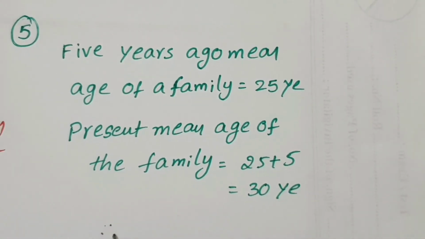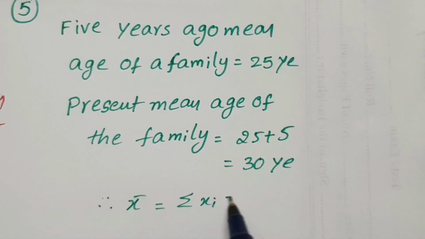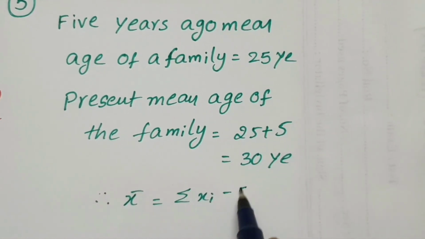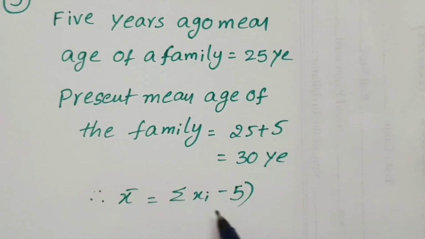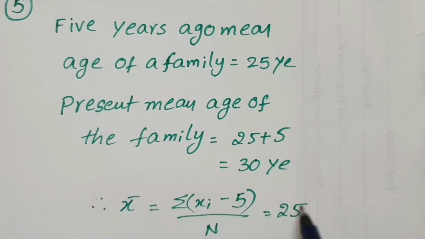Now find the mean. X bar equal to sigma xi minus 5 by n equal to 25, they have given.